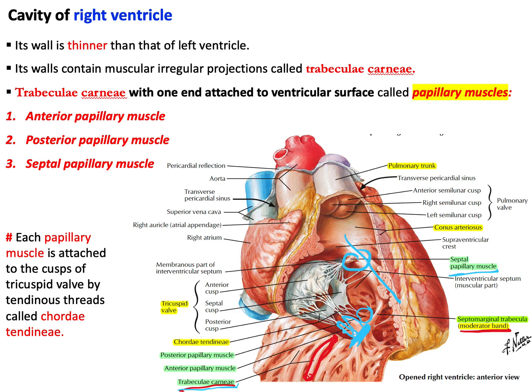So they are named anterior, posterior, septal according to their position in the ventricle. But at the end of the day, papillary muscles or moderator band, all of these are trabeculae carneae, irregular muscles, right? Or muscular projections in the wall of the ventricle.